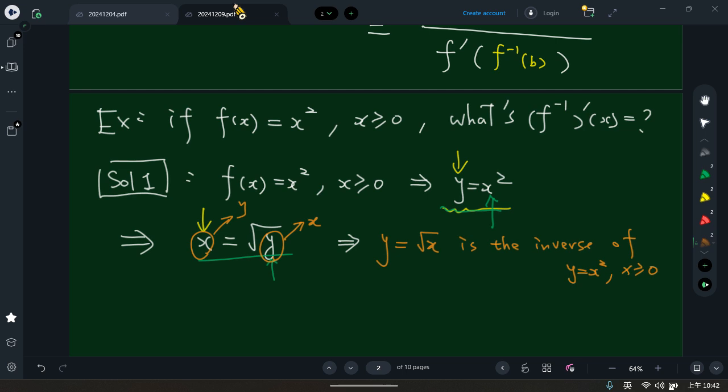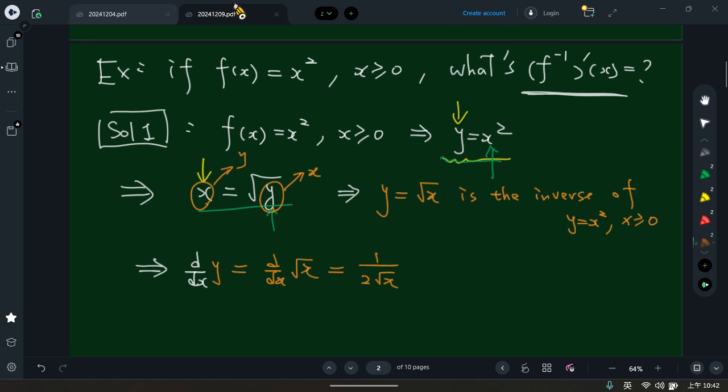So that we can continue, because I want to get its derivative, so that we can just continue to get the derivative for the inverse function. Here we already know its inverse, right? Then we continue to differentiate it, then we can get this one. Then finally it will be this one.